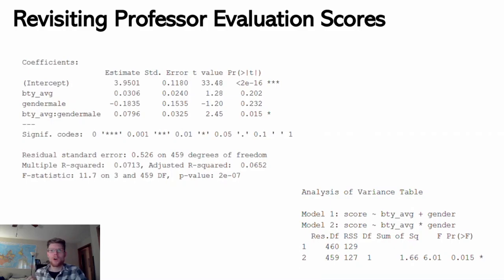F-test results, though, will give us more information if we're comparing models with more than one term difference. If the models differ by 2 or 3 or 4 terms, I can't just look at the t-test results to decide anymore. But if it's only a one-term difference, the f-test and the individual t-test are going to come out the same.